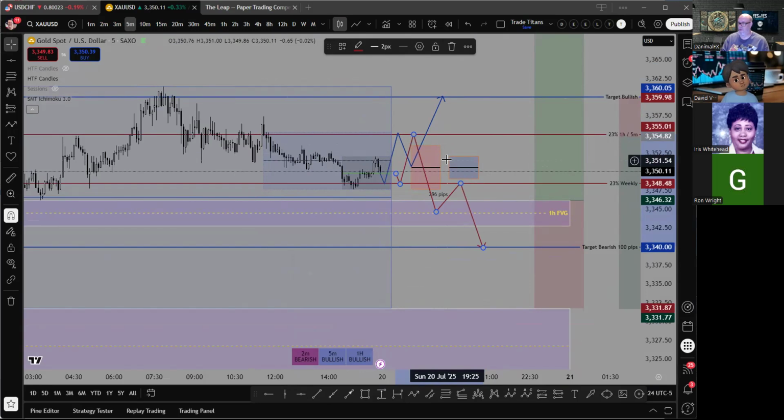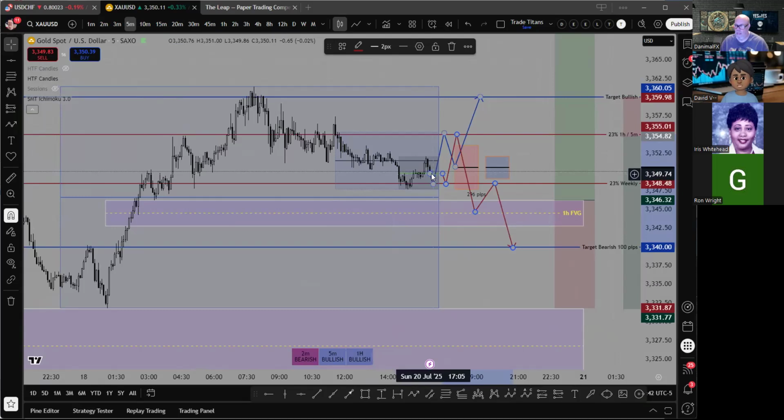So Dan, I just had a question about the box system. I'm seeing the 2 minutes is bearish, 5 minutes is bullish, and the 1 hour. So when does the 5 minute turn bearish?